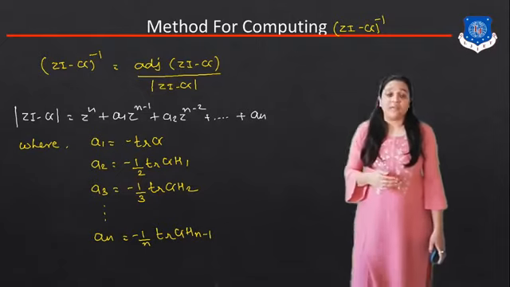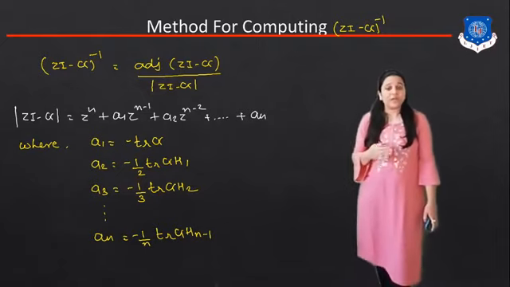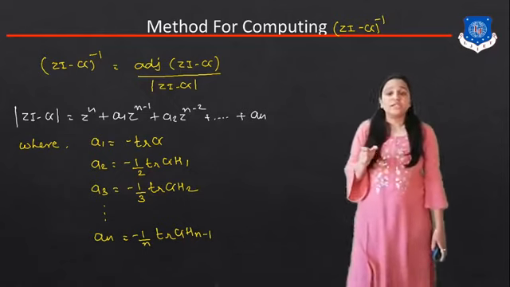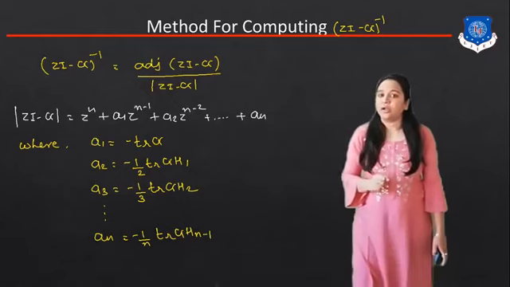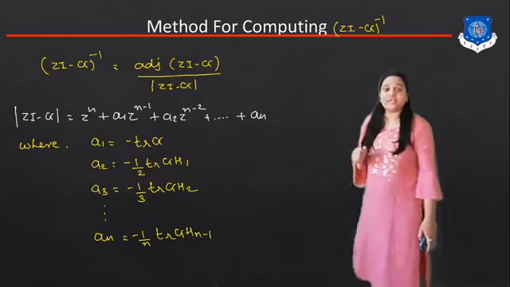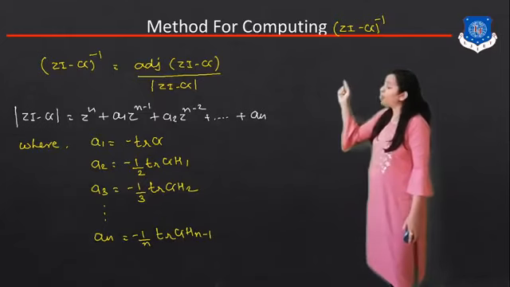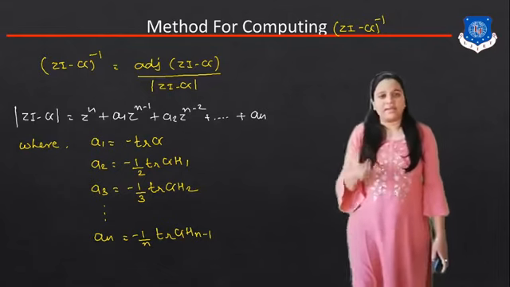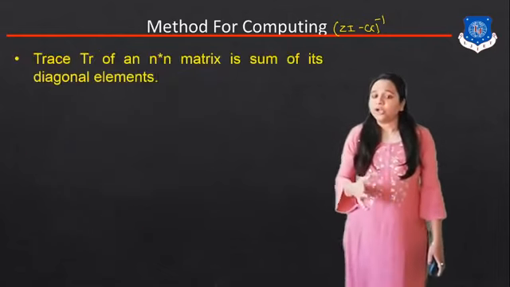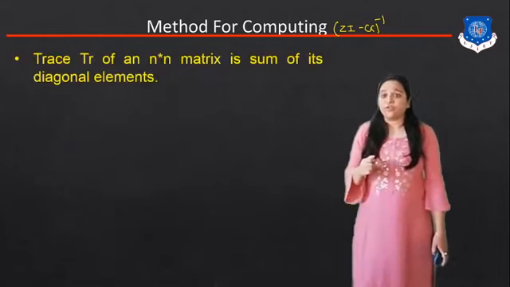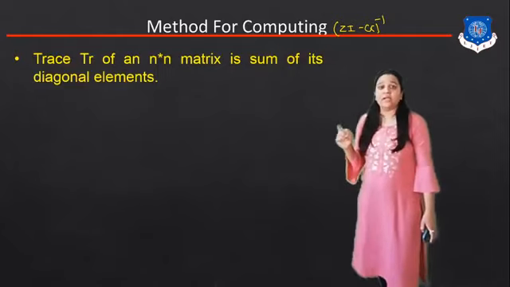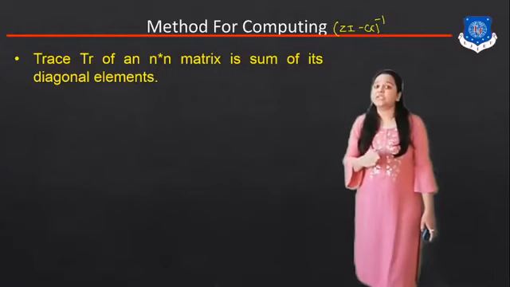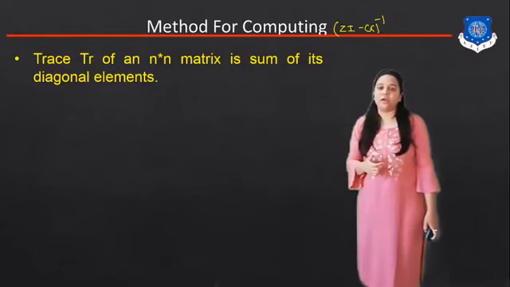Whenever we find the trace of a particular matrix, trace is the sum of the diagonal elements. So a1 is equal to minus trace G, and the value of the G matrix is given in the particular example. The trace of an n cross n matrix is the sum of its diagonal elements.